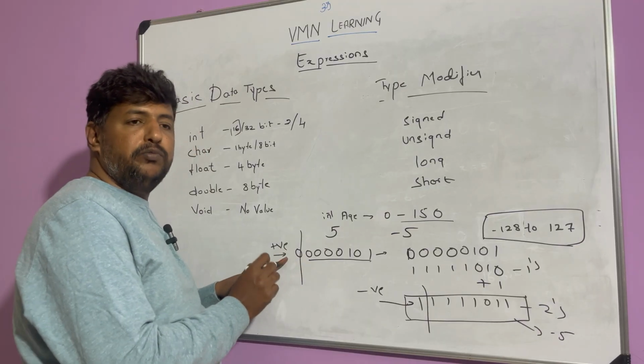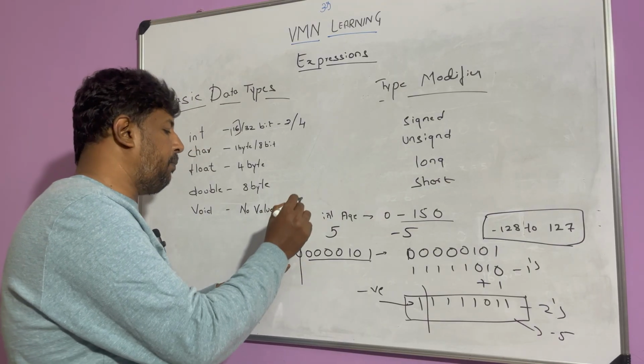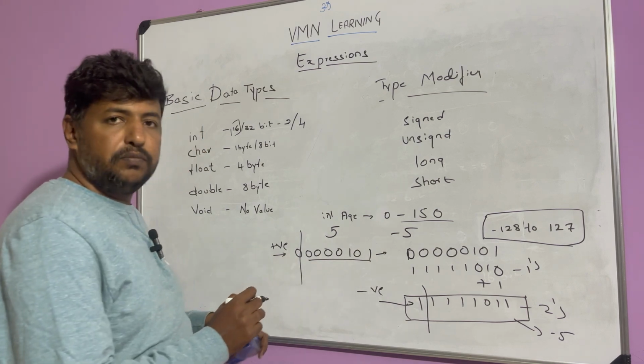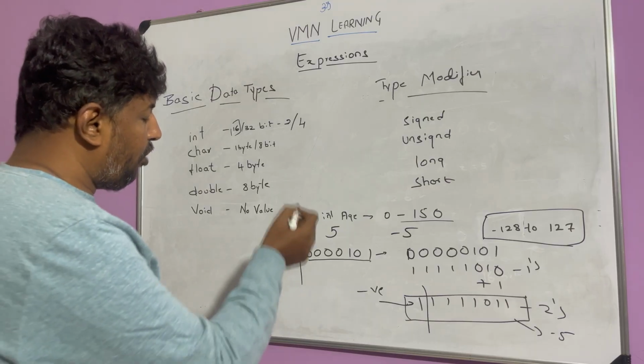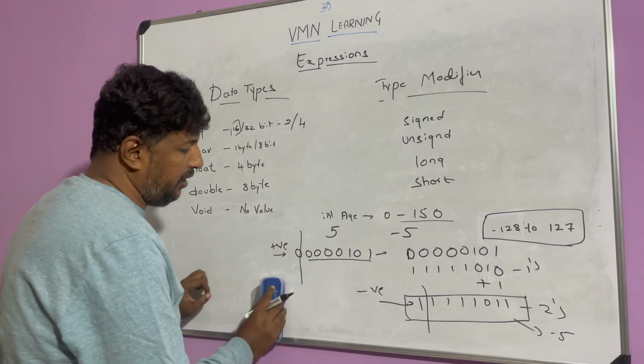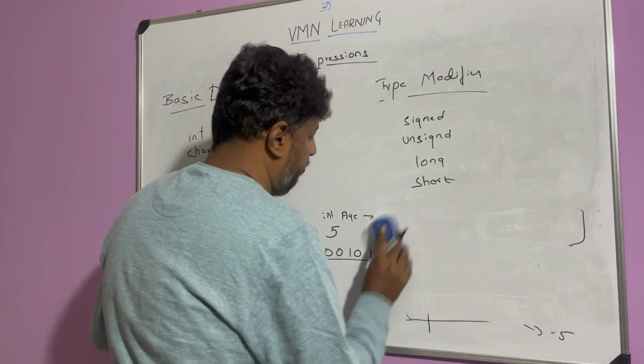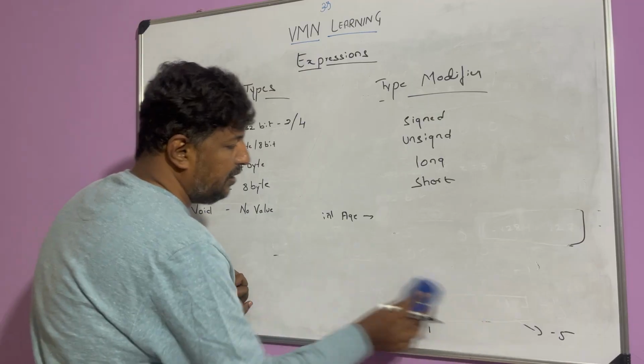We don't need to specifically tell the compiler that the first bit is positive or negative. So we can use this. How do we tell the compiler to use this? By using the type modifiers.